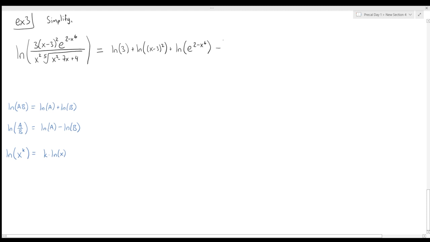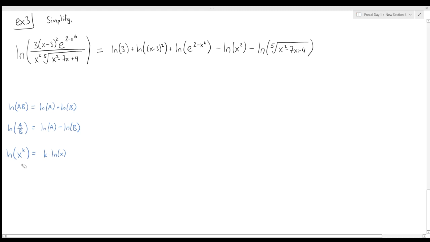So you can split this as minus natural log of x squared, and then another minus natural log of this fifth root. Okay.